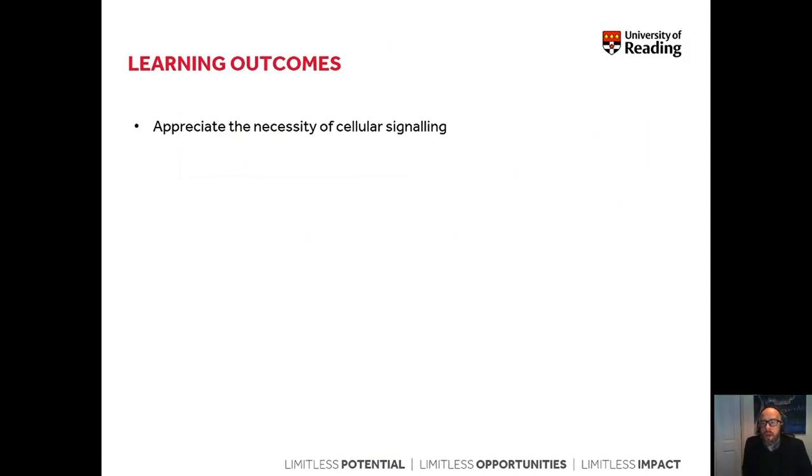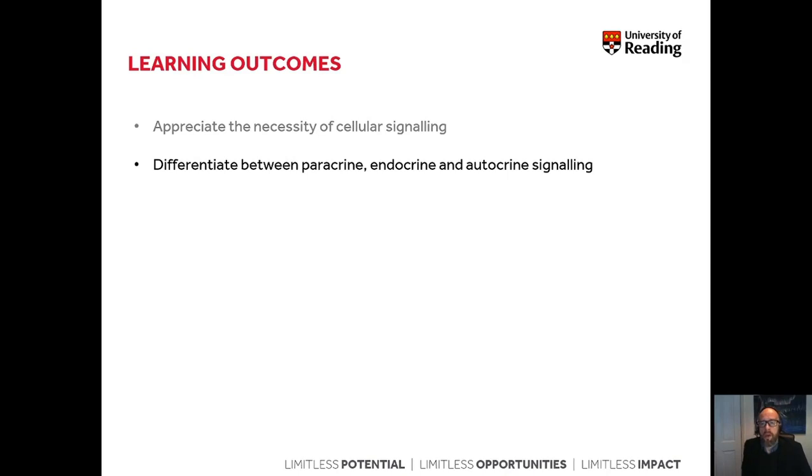First of all, you should appreciate the necessity of cellular signaling. Moreover, you should be able to differentiate between paracrine, endocrine, and autocrine signaling. You should be also able to explain the terms receptor, ligand, and signal transduction.